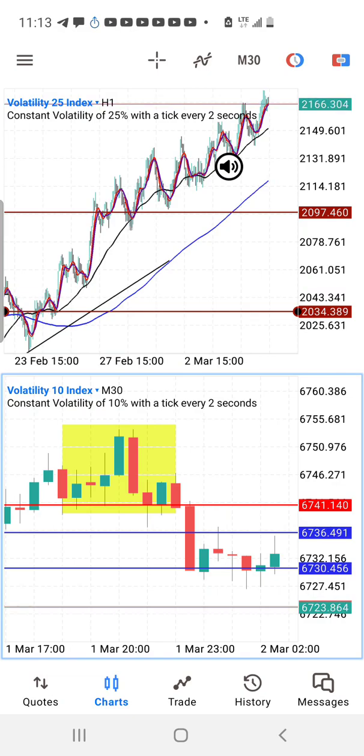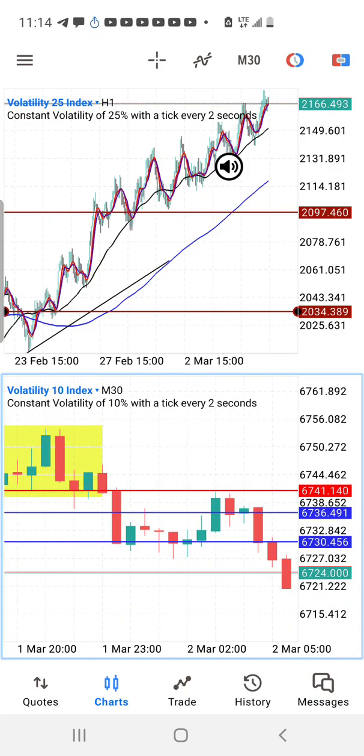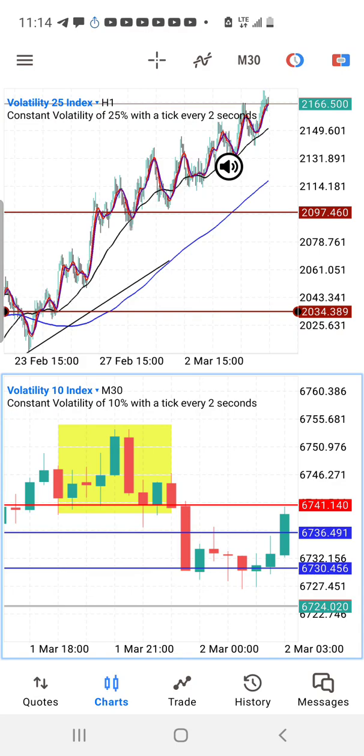Good. So when it breaks through it, which it did here, this would have been our entry. Then of course, we'd have targeted this low, and boom, we would have had what we wanted.